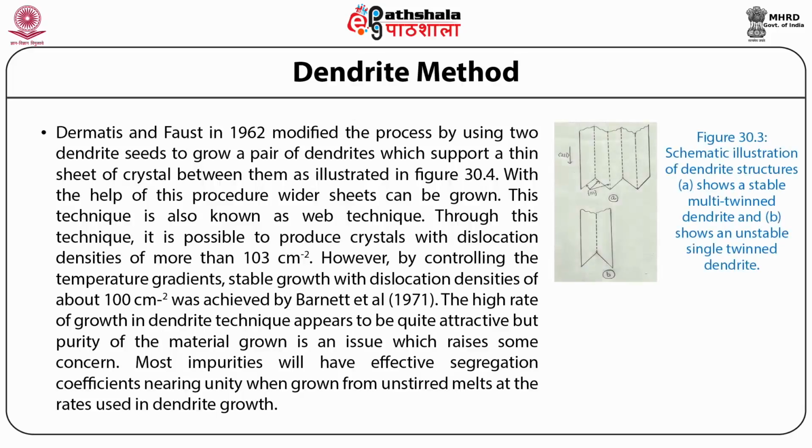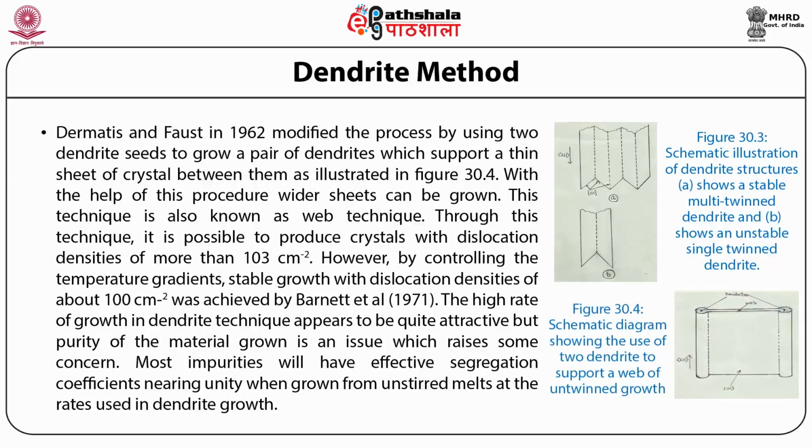Figure 30.3 is a schematic illustration of dendrite structure. In A shows a stable multi-twin dendrite, and in B is an unstable single twin dendrite. Figure 30.4 is a schematic diagram showing the use of two dendrites to support a web of untwinned growth.